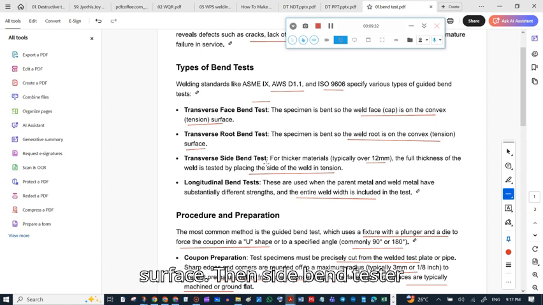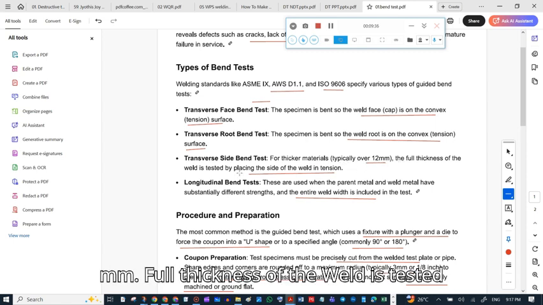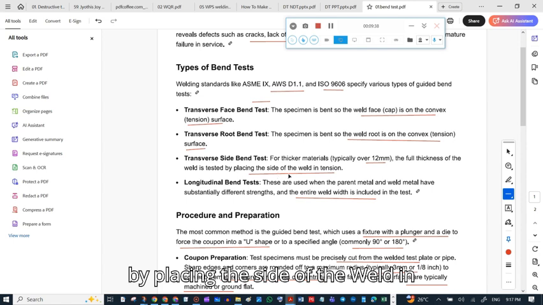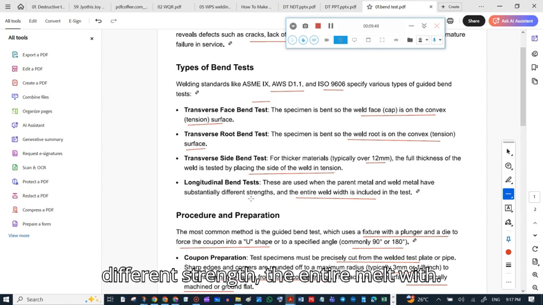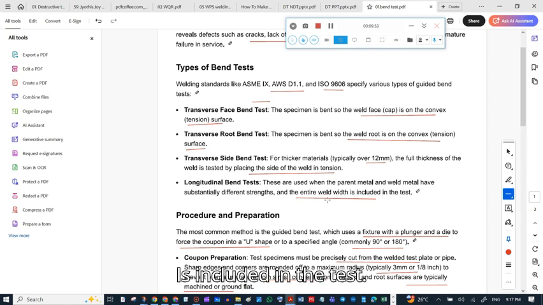Then side bend test, for thicker materials greater than 12 mm: the full thickness of the weld is tested by placing the side of the weld in tension. Longitudinal bend test is used when the parent material and the weld material have substantially different strength. The entire weld width is included in the test.